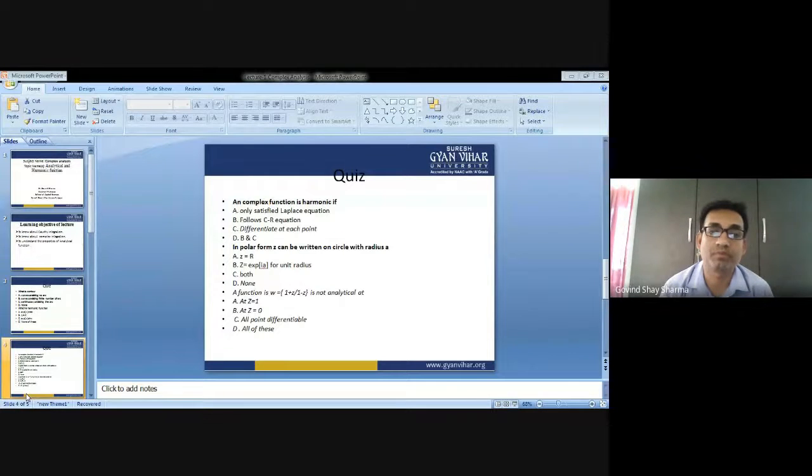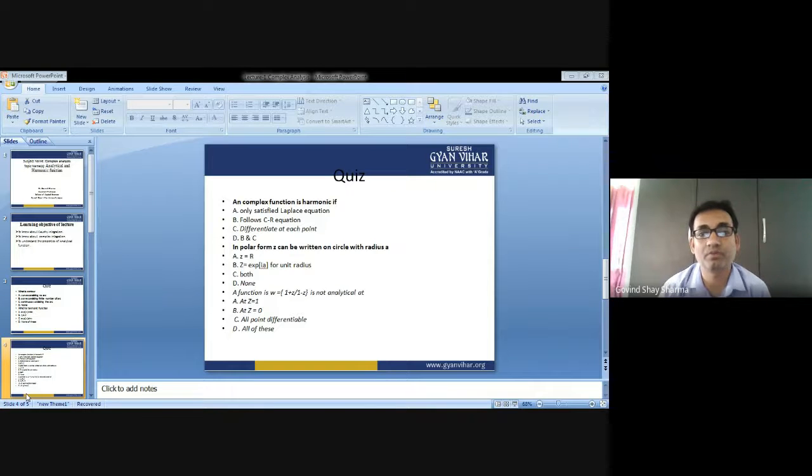In polar form, z can be written as z is equal to e to the power iota a for unit radius. That's right, because in the previous question we wrote z is equal to r e to the power iota theta. So here theta is equal to a and r is equal to 1, unit radius. So this is the right option.